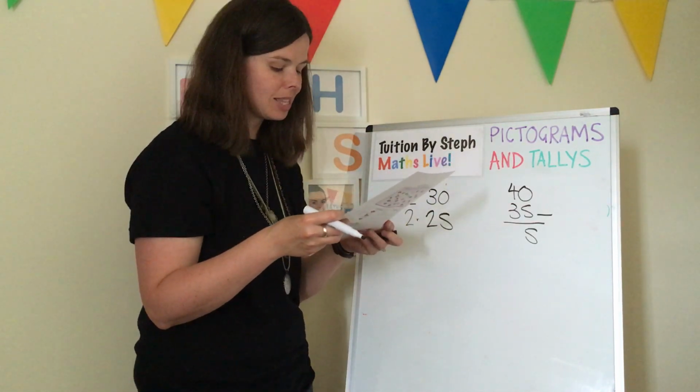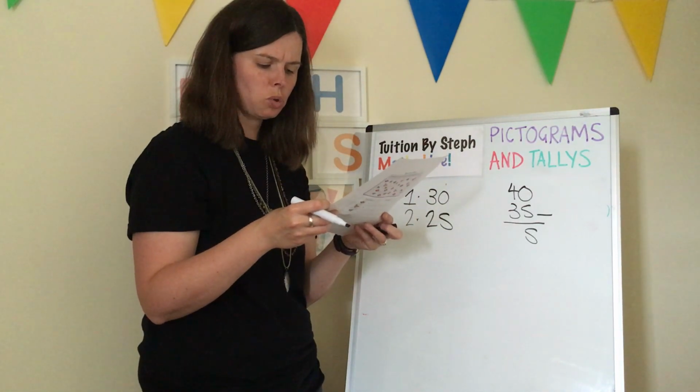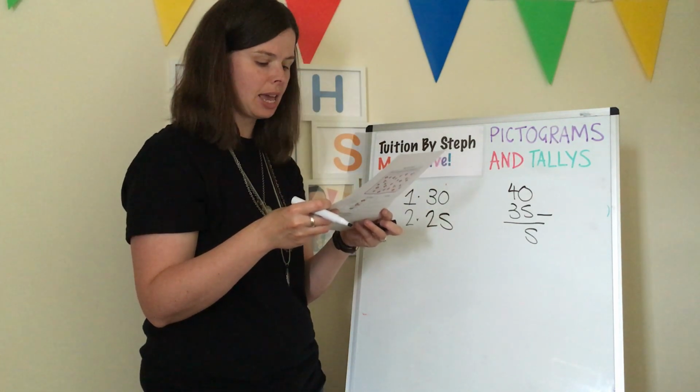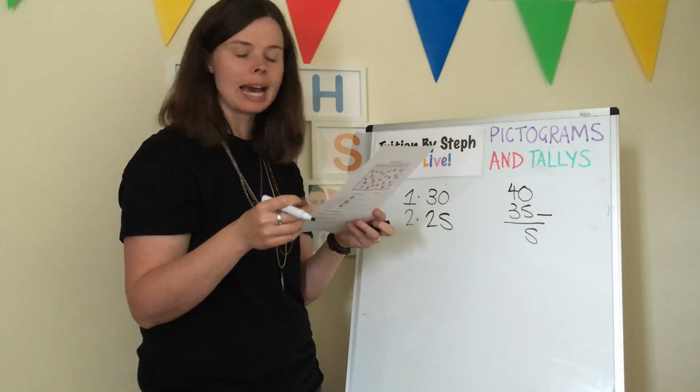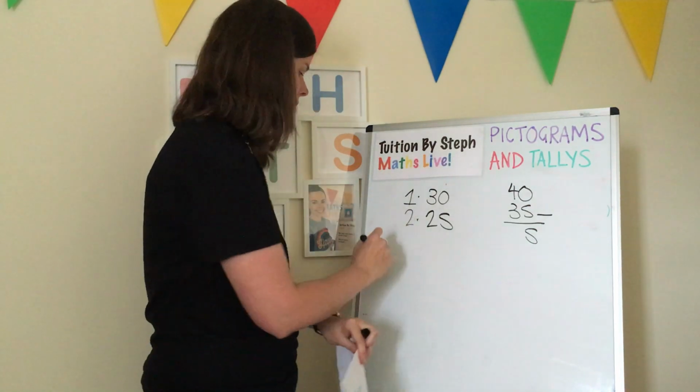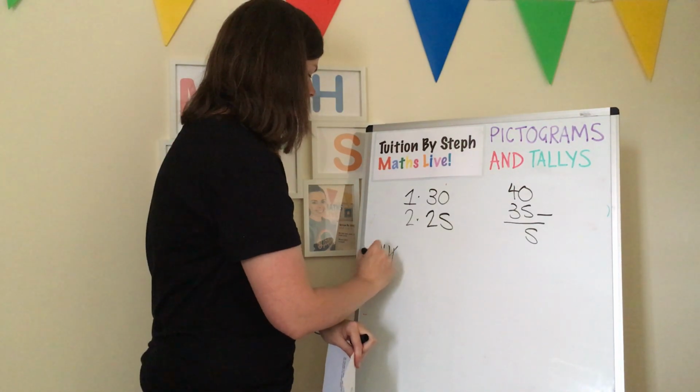And the last question is, the tally for Wolfman was counted incorrectly. The total should be 30. Can you add in the missing tallies? So Wolfman had 5, 10, 15, 20. This is what it looks like.